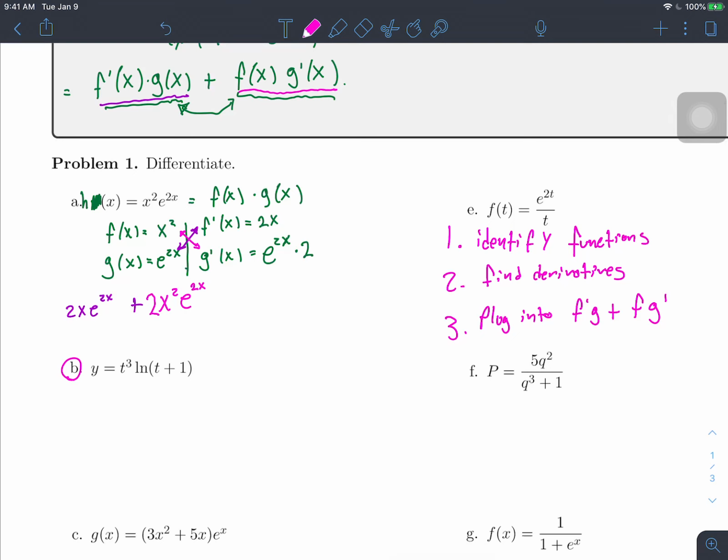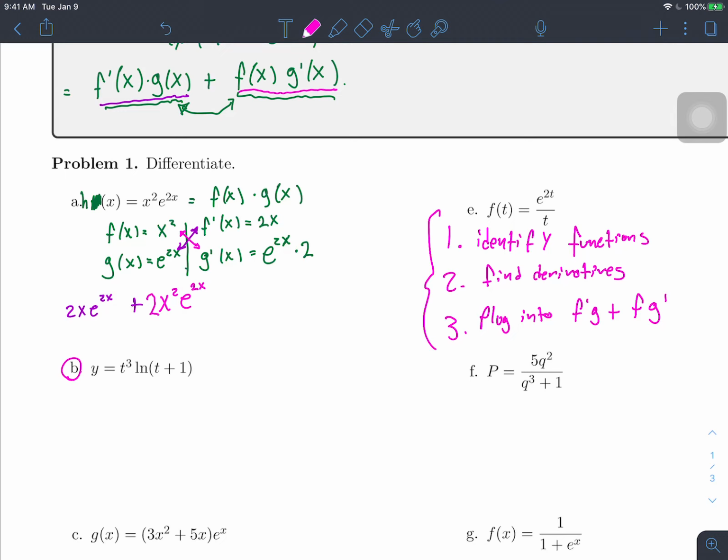So I kind of wrote down these rules, or this instruction set, on the right-hand side here. First, we want to identify the functions being multiplied, then find their derivatives, and then plug into this f prime g plus f g prime formula. Okay? So that's what we want to do here. So the first step is to identify the functions being multiplied.